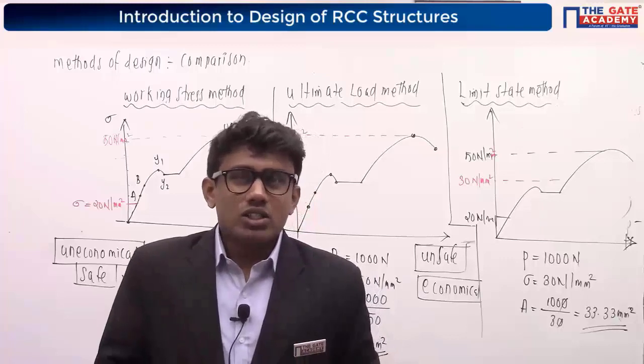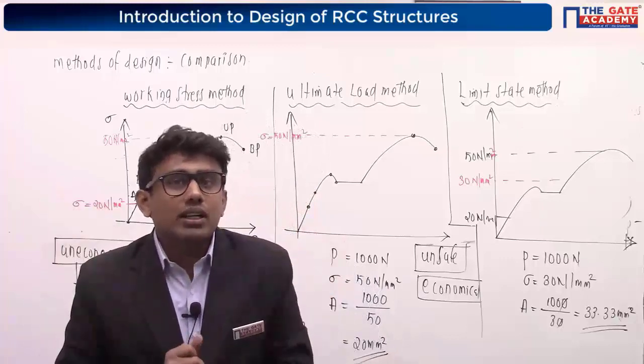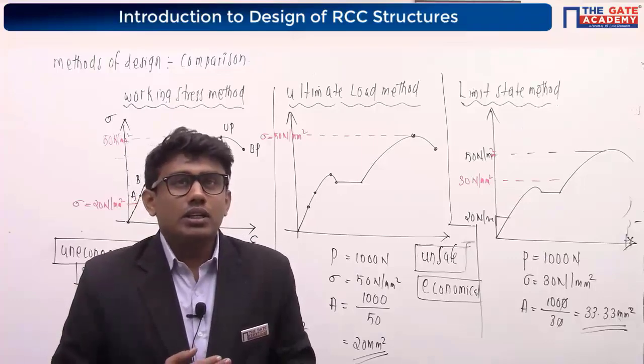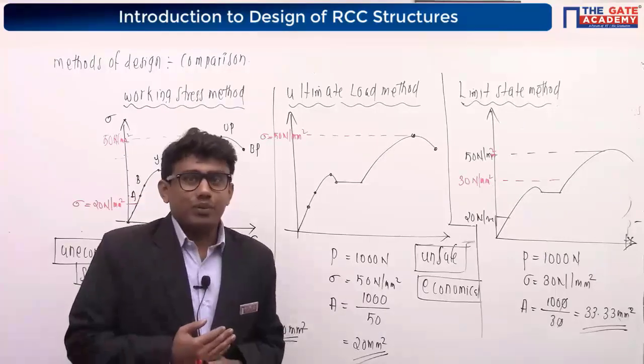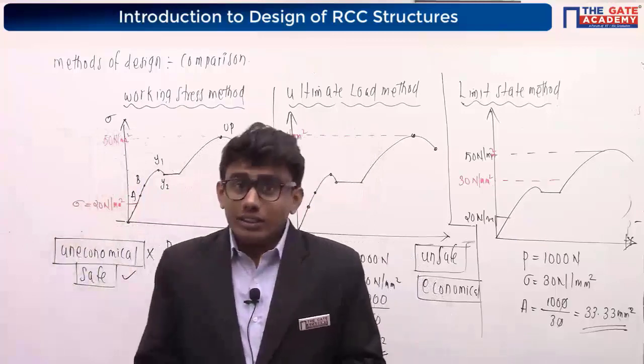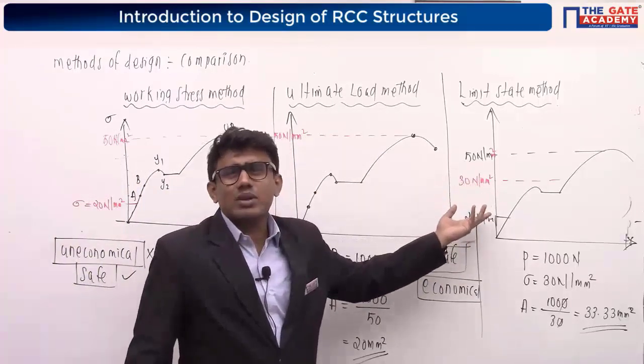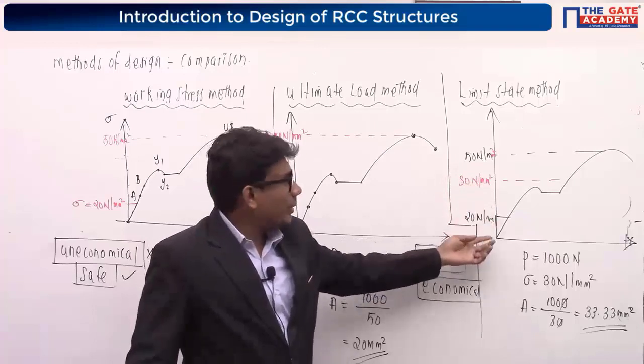Is it clear? So that is the basic idea of limit state method, working stress method, and ultimate load method. Don't think much about this. Even these 20, 30, 50, I have taken as random values. 30 is lying between 20 and 50.